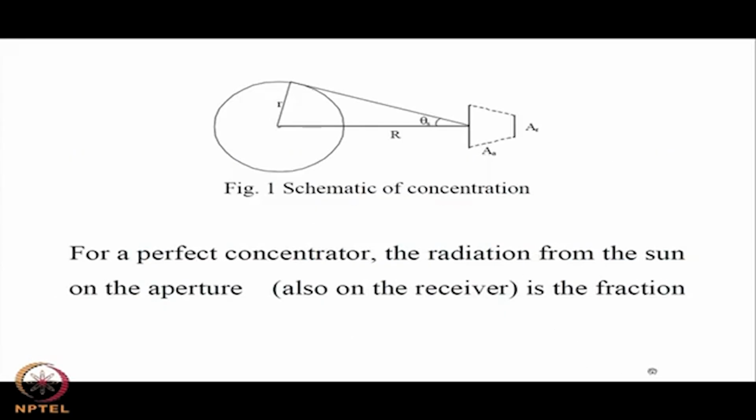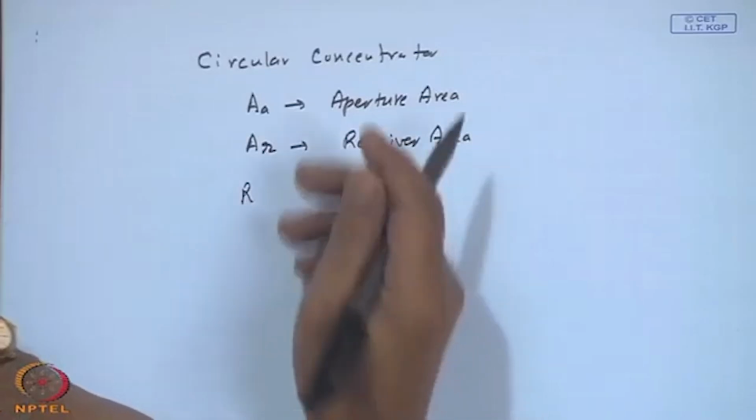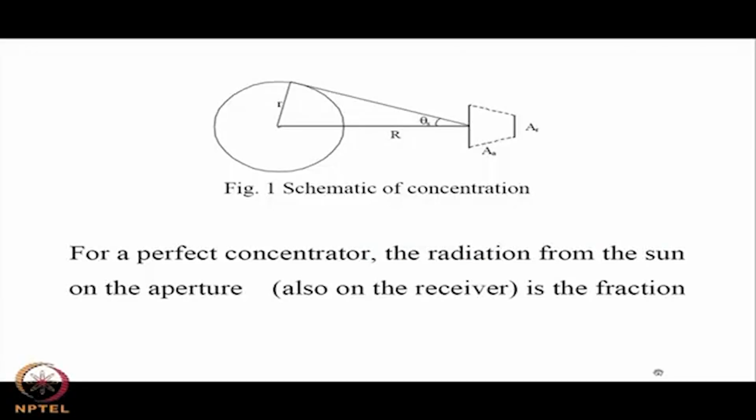In figure 1, that shows the sun at a distance of capital R from the earth and of radius r, small r, and the subtended half angle is theta s.